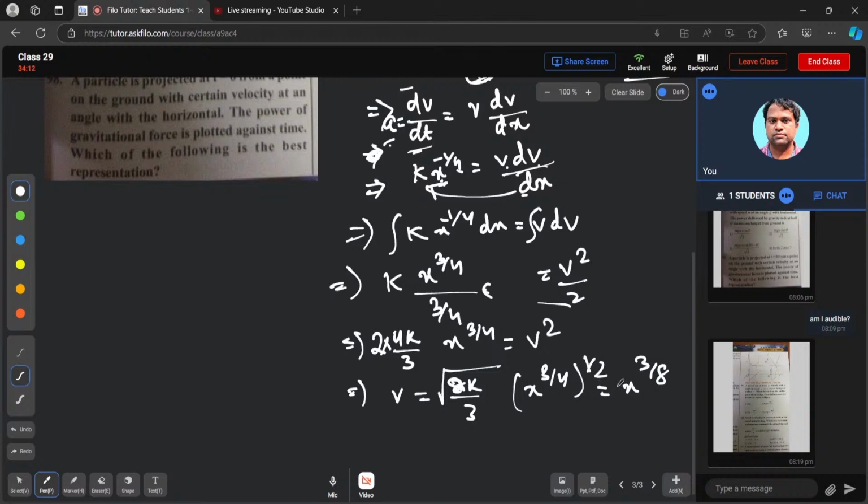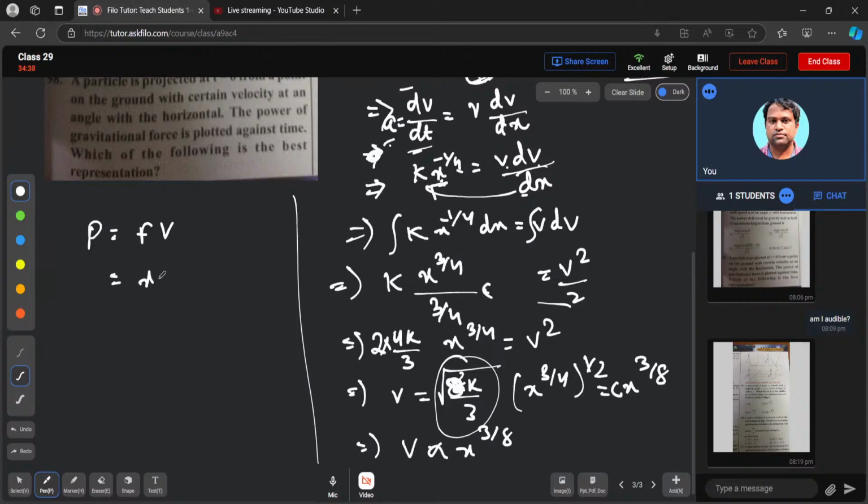Some constant c into x to the power 3 by 8, this constant c I have mentioned, this is 8k by 3, or we can say v is proportional to x to the power 3 by 8, right?